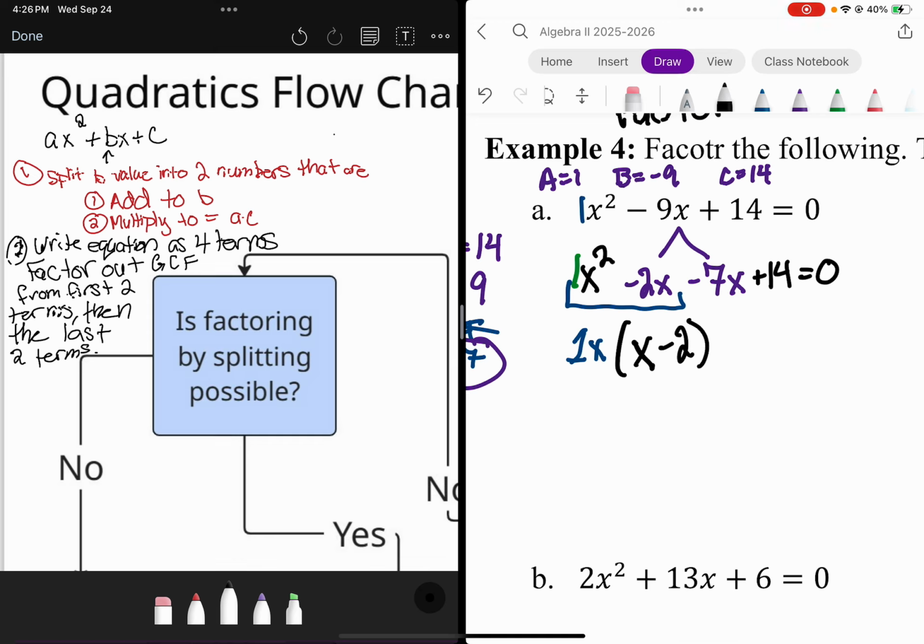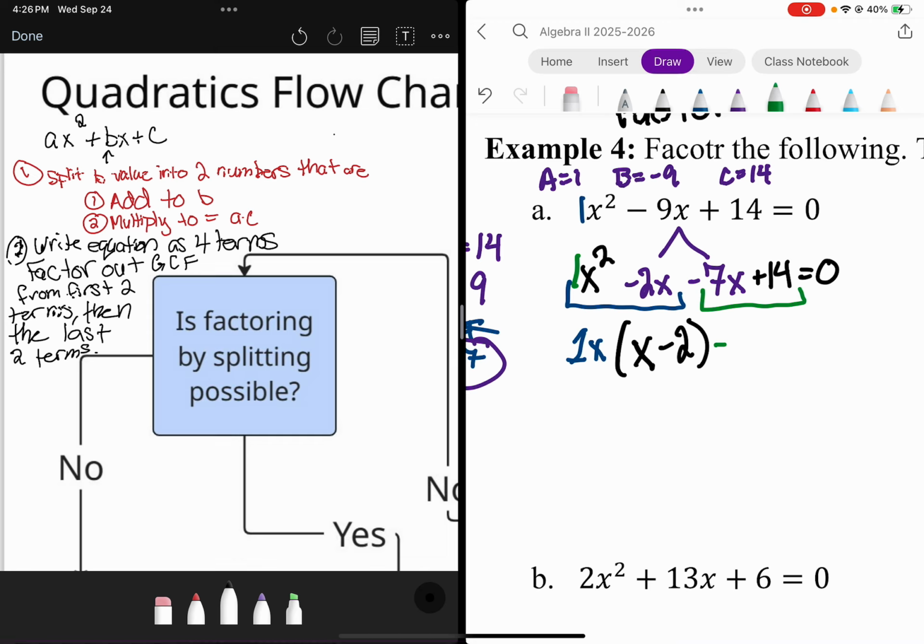Now we're going to do the exact same thing, but for the second pair, or the last 2 terms in our equation. So for this one, looking again, we have a -7x and a +14. If that first one in the group is negative, you are going to factor out the negative with it.